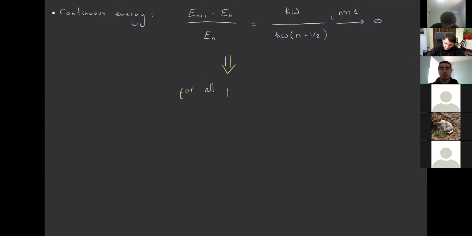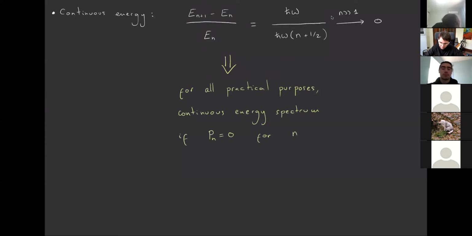For all practical purposes, we recover a continuous energy spectrum if we have a zero probability for n's that are not very large.